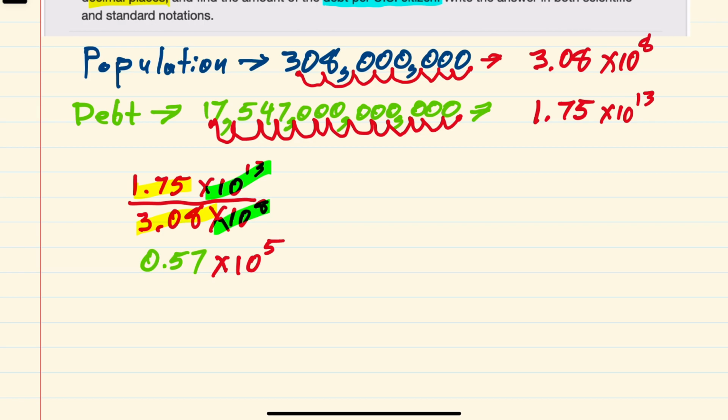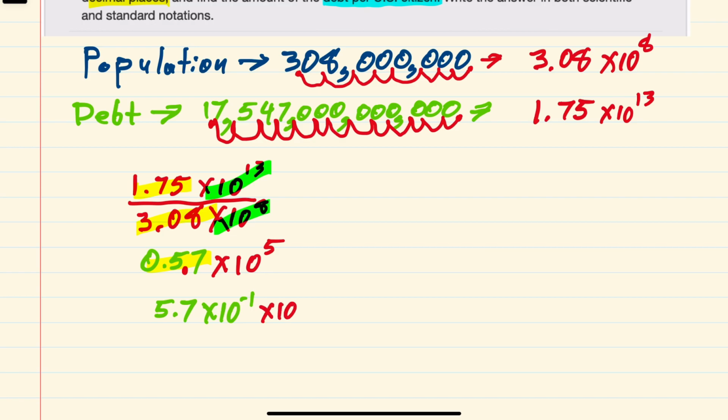However, this is not quite scientific notation because the decimal would need to be behind the first non-zero number. It would need to be here. This number 0.57 is too small, so rewriting this first part in scientific notation, this would be 5.7 times 10 to the negative 1, because the number was small. That's why we would use the negative exponent.